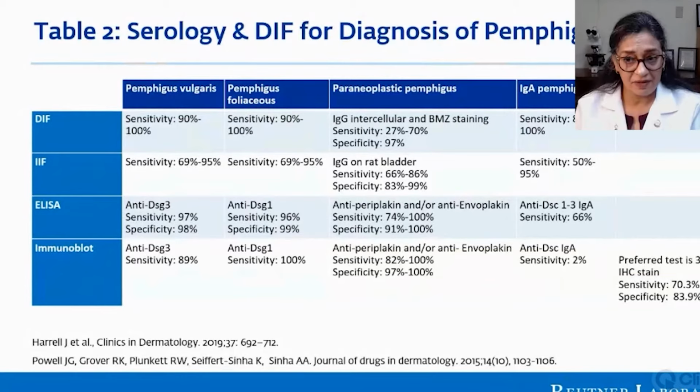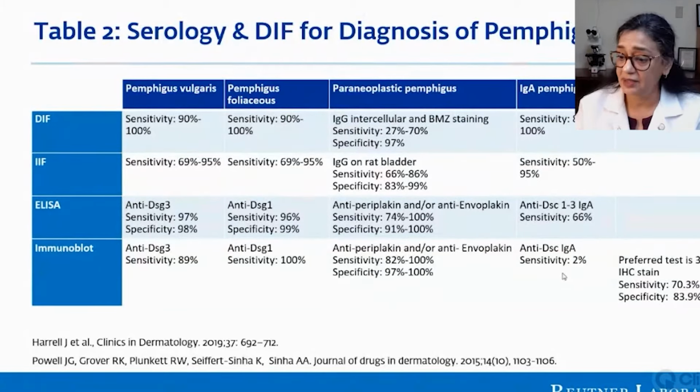For IgA pemphigus, our best bet is direct immunofluorescence because indirect immunofluorescence does not have a great sensitivity for IgA antibodies. Also, we do not have commercially available ELISAs for desmocollin IgA antibodies or for desmoglein IgA antibodies.